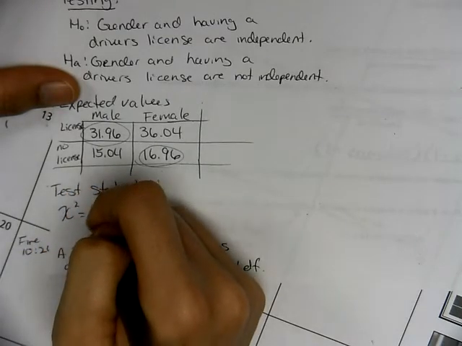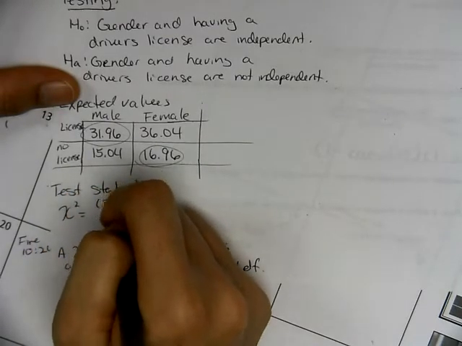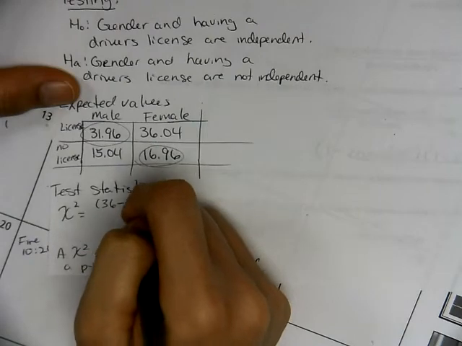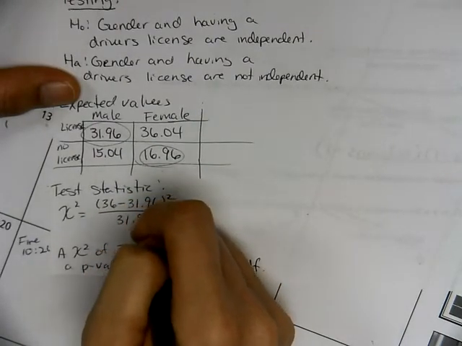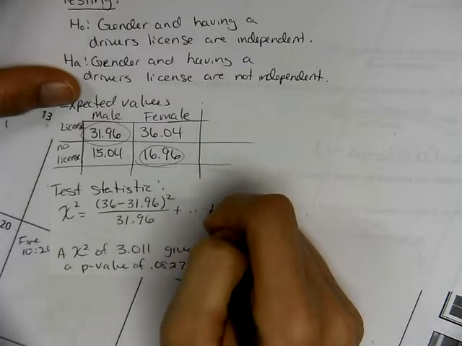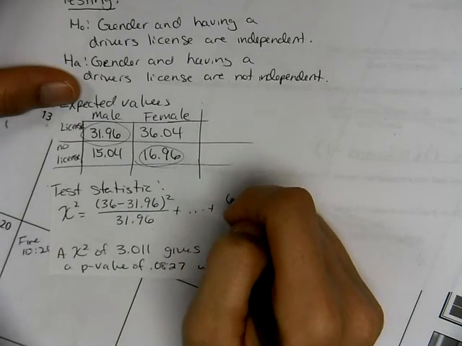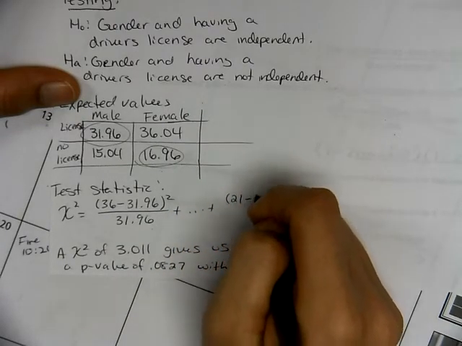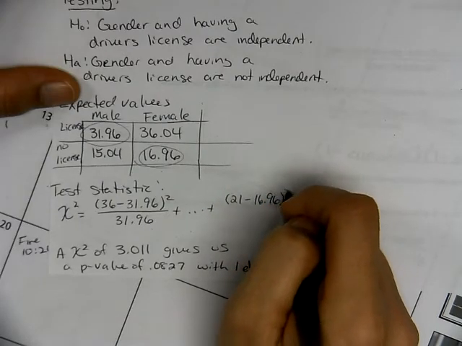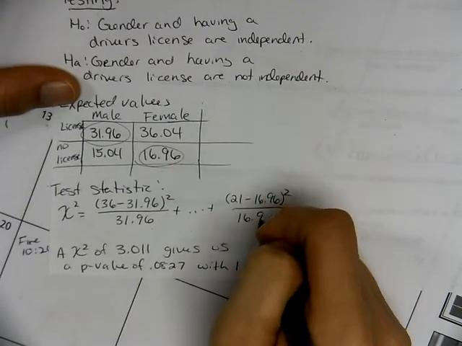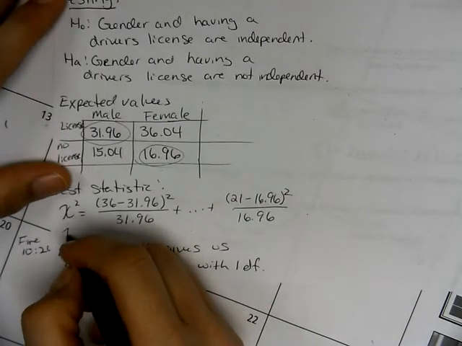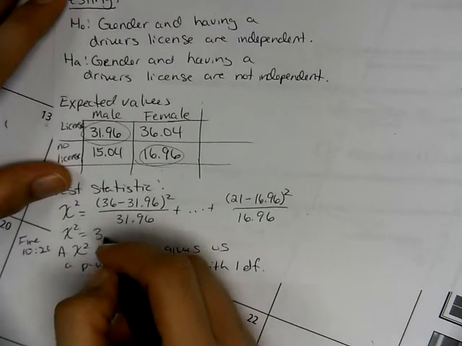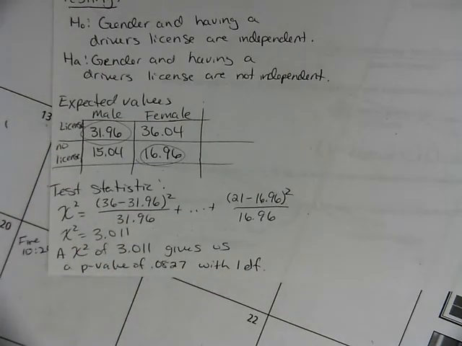Do you understand what the formula is? So 36 minus 31.96 squared. If you want to write all 4 out, you can. Like on the quiz, you might have time, but on the test you might not. This test isn't as bad. So our chi-squared was 3.011.